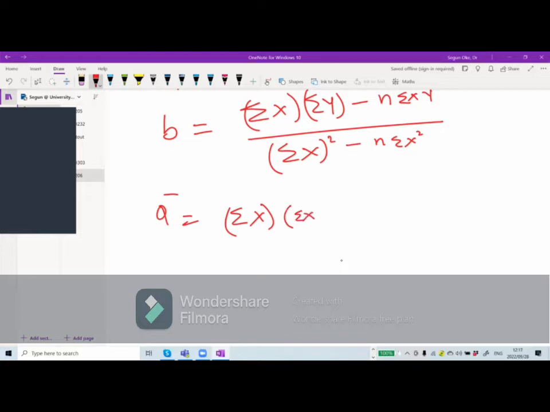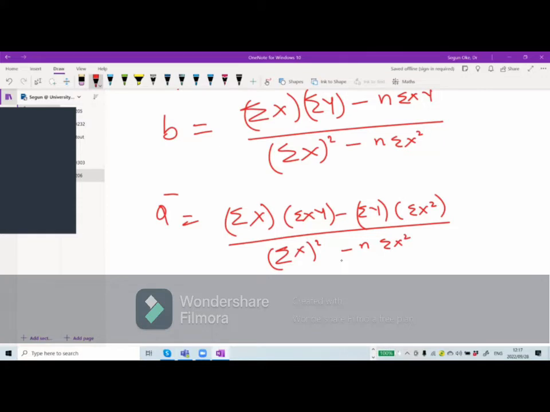Then summation XY minus summation Y, then summation X squared divided by summation of X all squared minus N summation X squared.